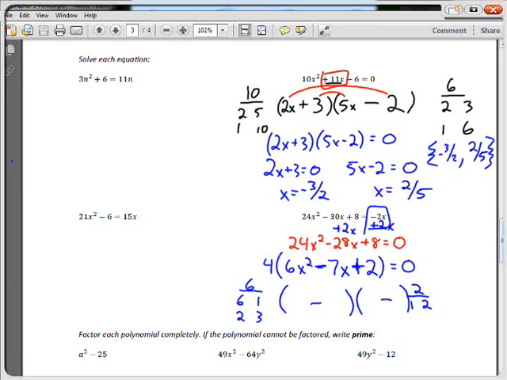And negative 7 is a fairly small number. It's not a really big number, so I'm going to start off by using 2 and 3 as my factors. And then to try to figure out where the 1 and 2 go, I need to put the 2 here and my 1 here.